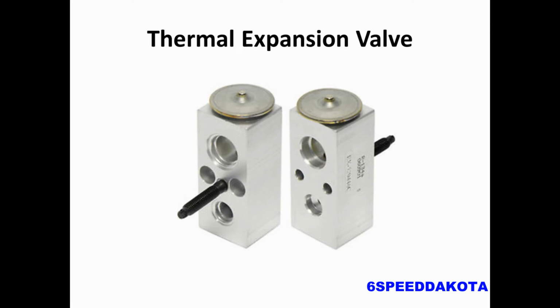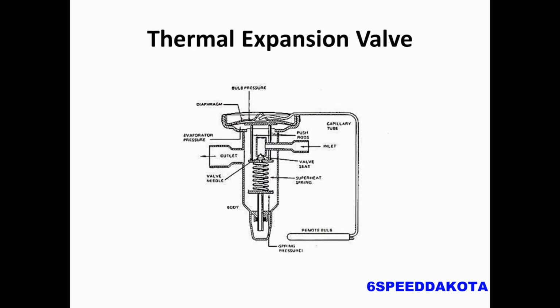Our other system is called a TXV, or a thermal expansion valve. Basically, it uses a pressure diaphragm with a capillary tube, and the capillary tube, the remote bulb you can see at the bottom there, sits on the evaporator. As the temperature changes, the expansion valve can move to let more or less refrigerant through accordingly.